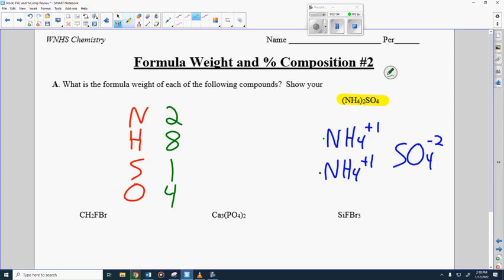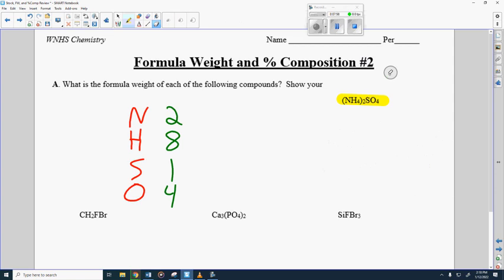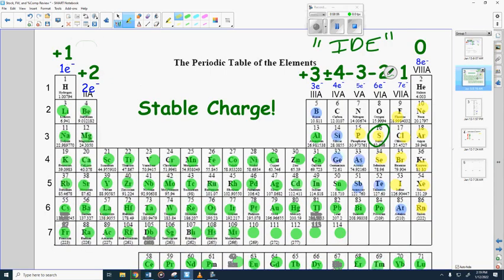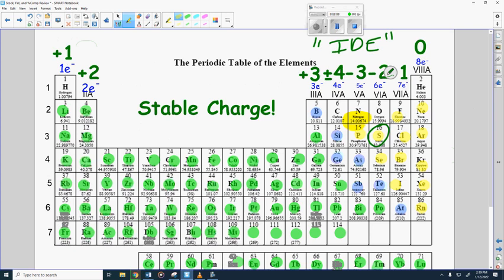Now what I'm going to do is multiply each one of these by their formula weight given on the periodic table for these individual elements. So I'm going to find nitrogen, hydrogen, sulfur, and oxygen. Nitrogen has got a formula weight of 14 right here. We're just going to round to the closest whole number.